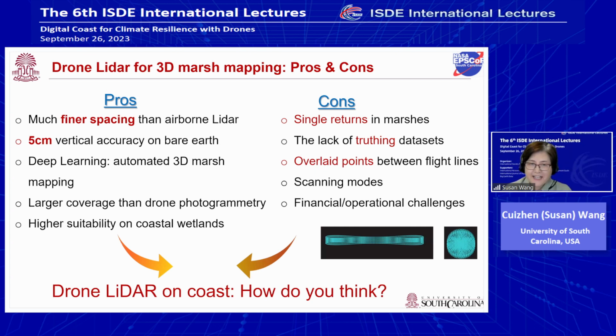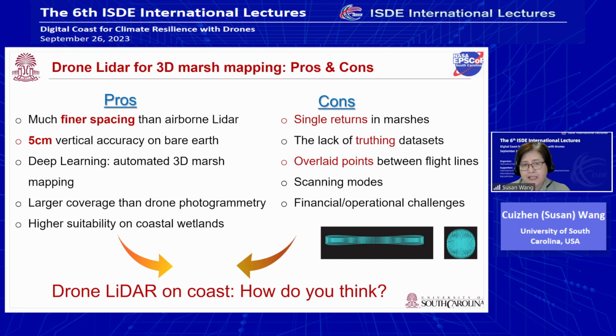The good side: drone LiDAR has much finer spacing, 3.6 centimeter spacing with the Matrice 200 RTK. It's not a very advanced drone, but it's decent enough. Flying at 80 meters, 3 centimeter spacing is fair enough for collecting more details.